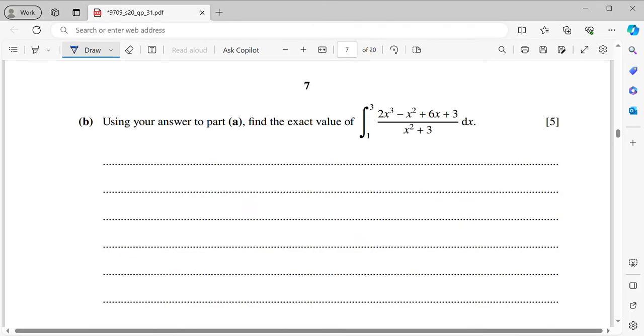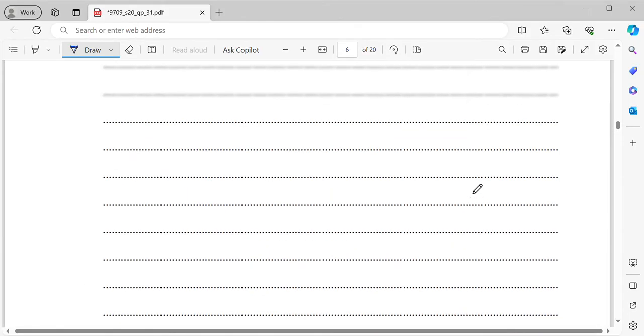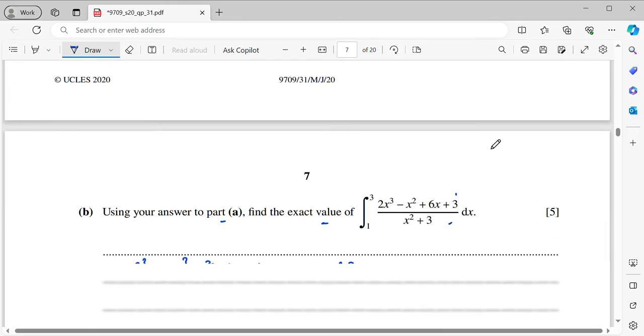Okay, now B, using your answer to part A, find the exact value of this integration. So we will just use the quotient and remainder that we have found in the previous part. This is going to be integrate 1 to 3, 2x minus 1 plus 6, because the remainder is 6 just now, over the divisor.